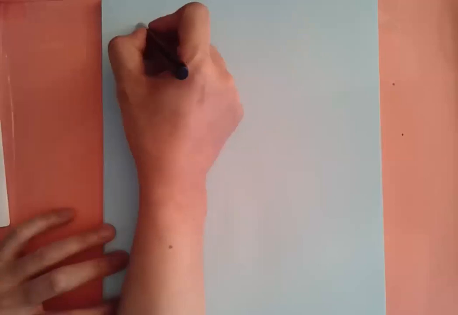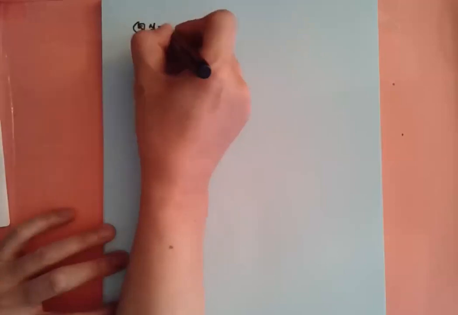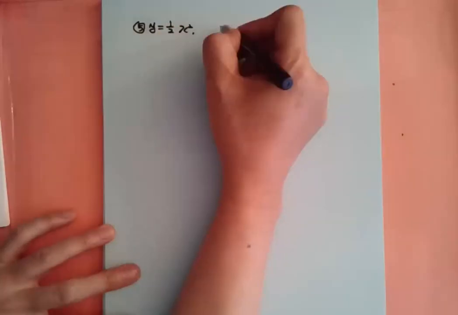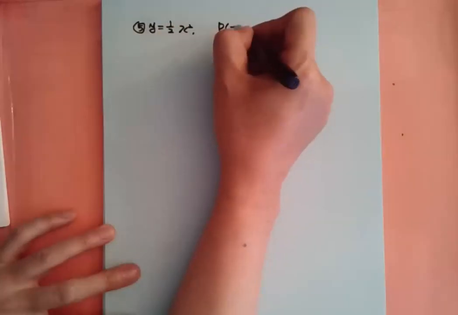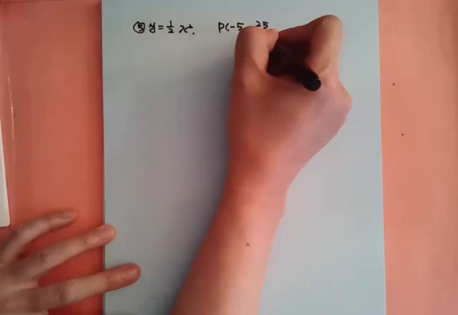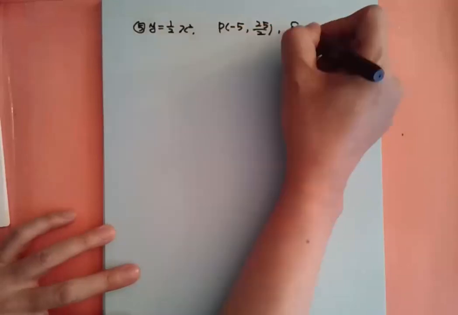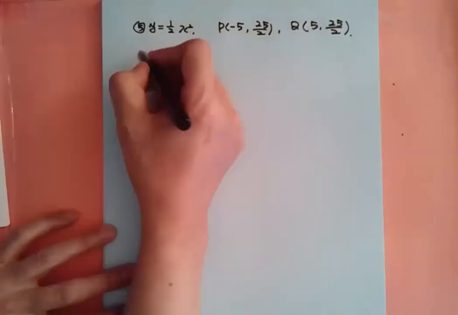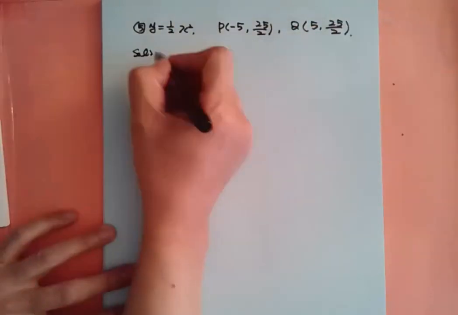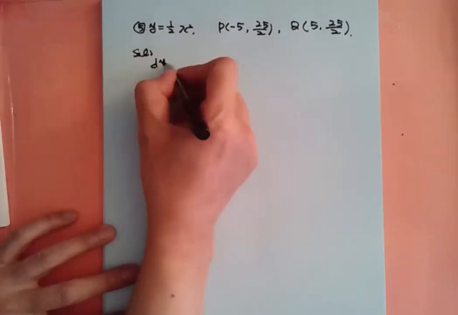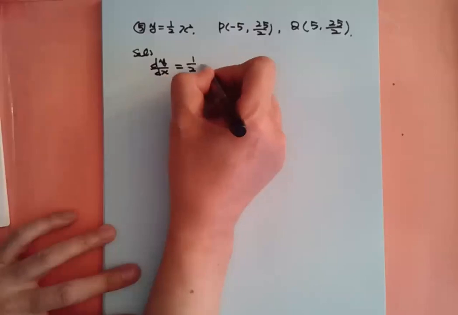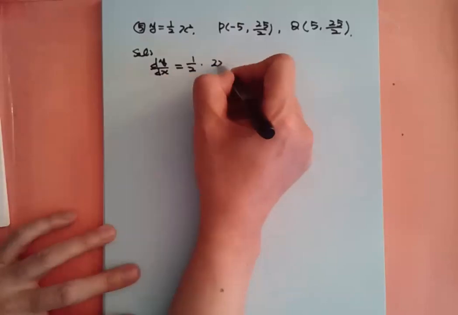Let's do y equals 1 over 2 x squared, when p is minus 5, 25 over 2, and q is 5, 25 over 2. So of course, we will differentiate the given function, then that is 1 over 2 times 2x.